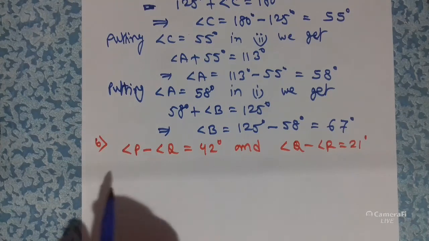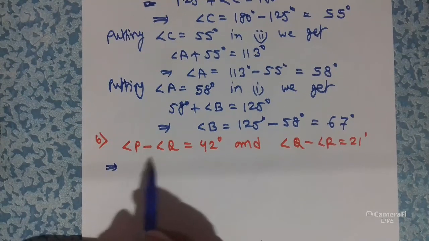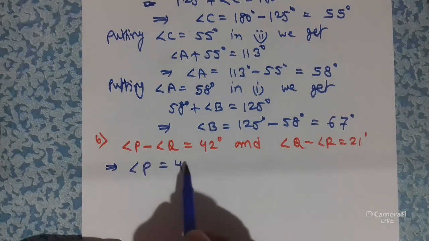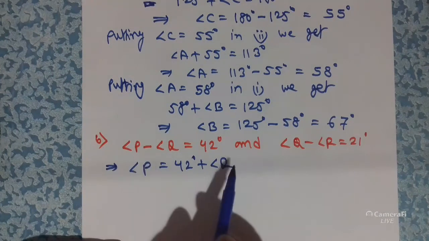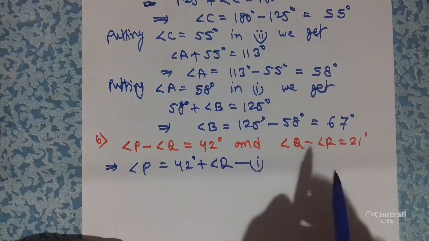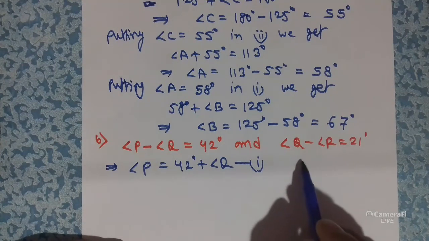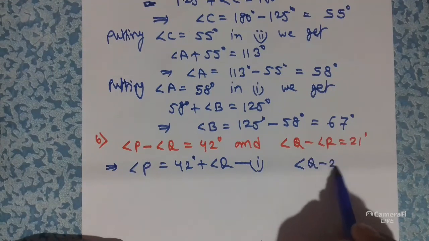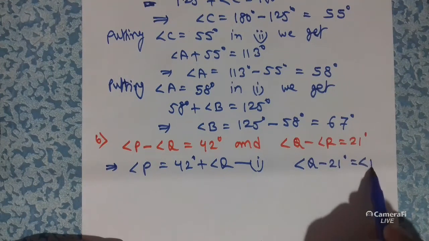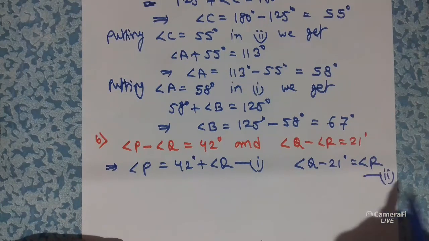So here at first, we can take angle P is equal to 42 degrees plus angle Q, because if we transfer angle Q to the right hand side, it will be plus angle Q. So it is equation 1, and here angle Q minus 21 is equal to angle R. It is equation 2.